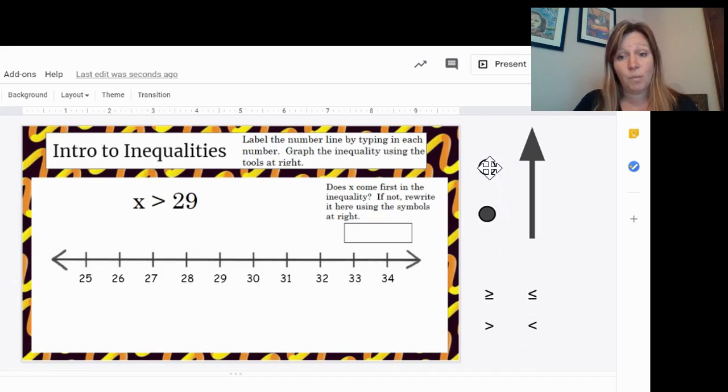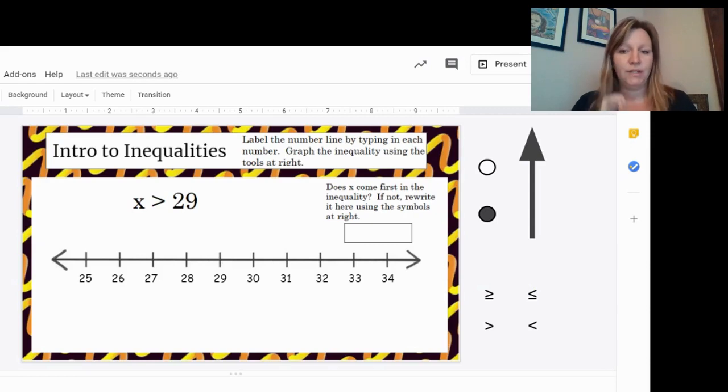That goes with these two symbols here. The shaded circle, on the other hand, is for when we have the equal to sign with it. So we would use a closed circle for greater than or equal to and less than or equal to.